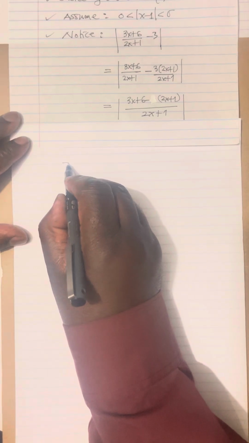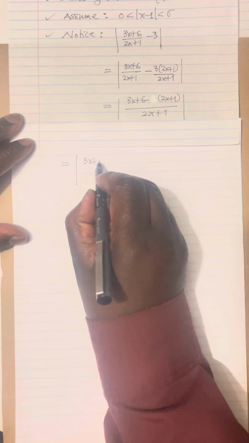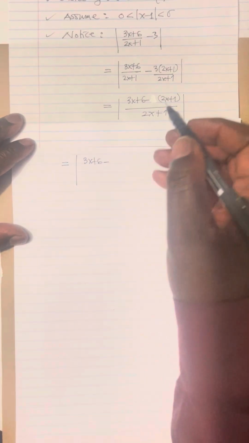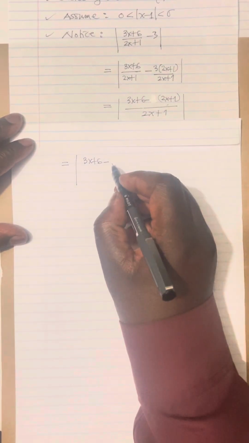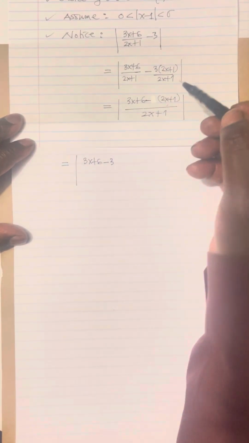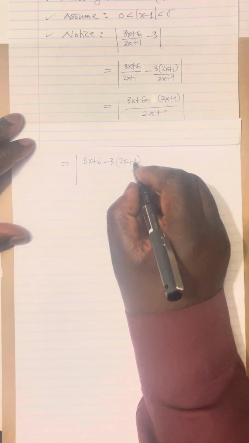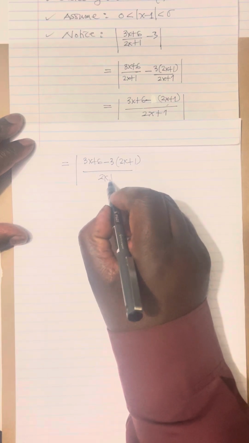We get the absolute value of (3x + 6) minus, remember there's a 3 here, which I will come and write, minus 3 times (2x + 1), all over (2x + 1).